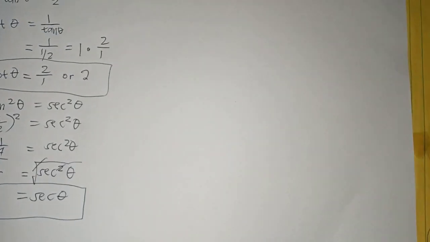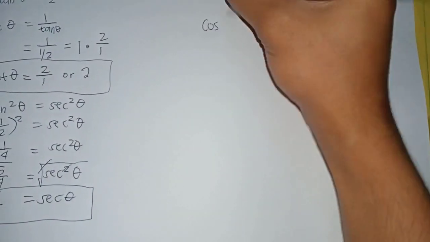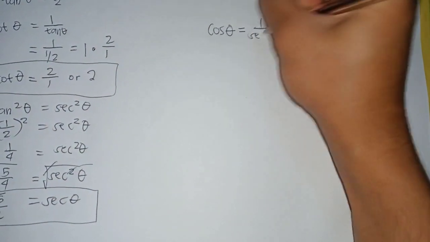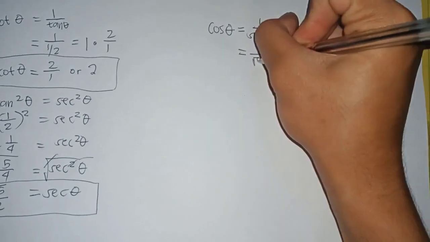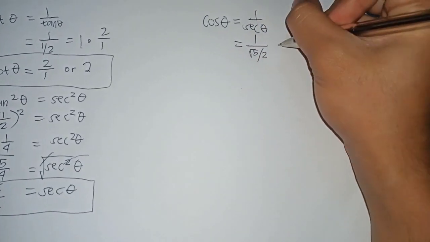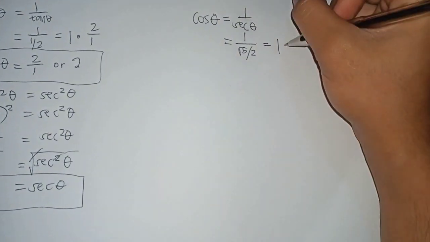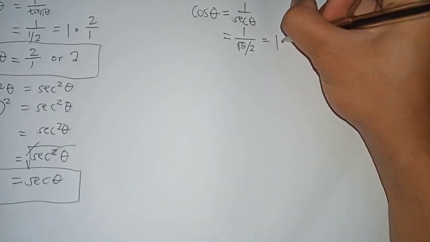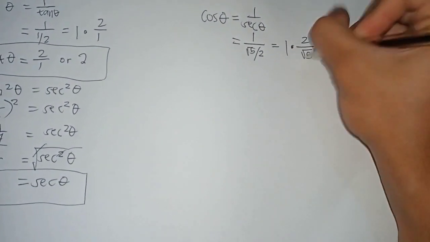So next, since the secant is given, we can find the cosine by reciprocal identities, 1 over secant theta. So substitute 1 over square root of 5 over 2, into multiplication. So 2 over square root of 5.